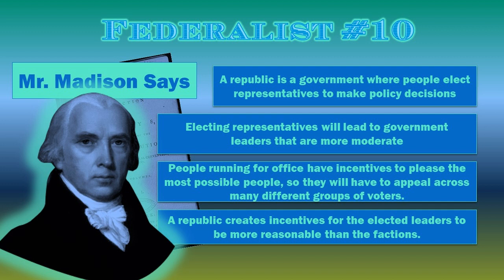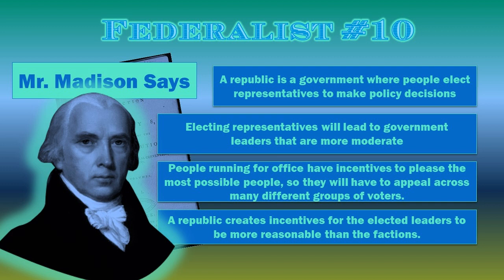Their goal to win office and to keep office is going to be to please as many people as they can. And in this way, we can limit the power of any individual faction, because the officials, the representatives serving in the government, are trying to please as many of those factions as they can.